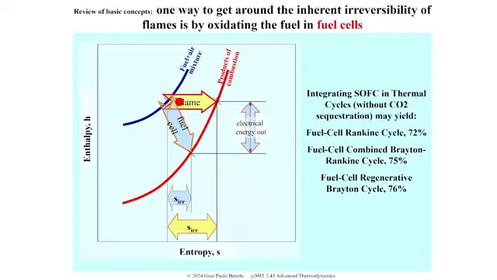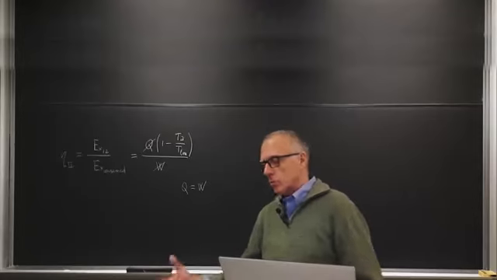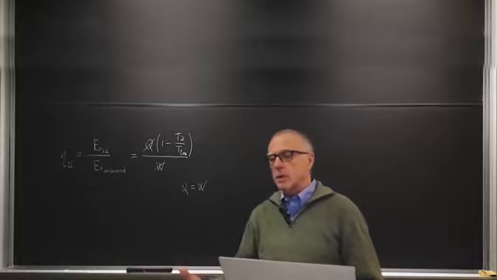For example, you can determine a different path to oxidize the fuel with intermediate steps, so that you can control the intermediate steps and use them more, so avoid the irreversibilities. Or you can use the fuel cell, which does it with electrochemistry, and then you can integrate your fuel cell in a thermal cycle that uses the thermal energy that is released.